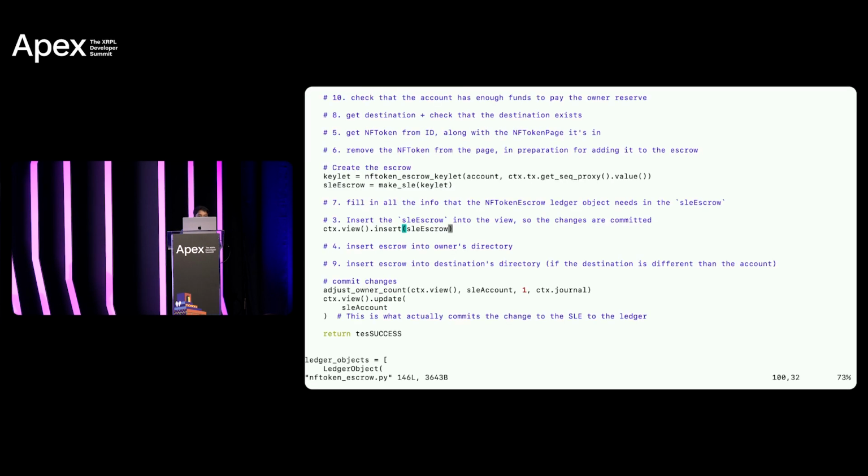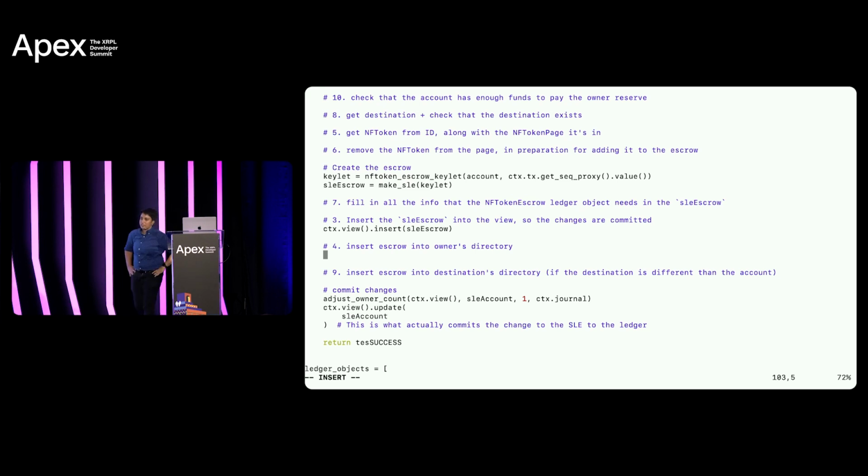So the next step here is how do we add the escrow to the owner's directory, into your account directory? Looking at the escrow create example might be helpful.